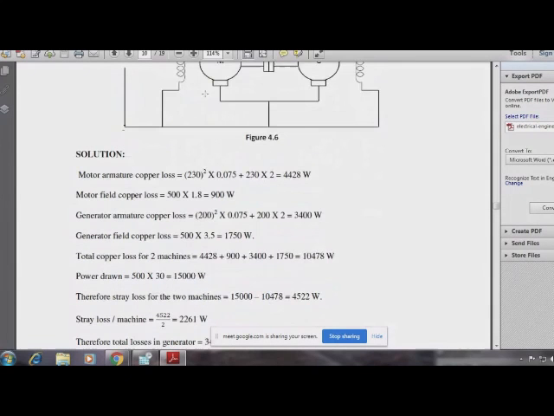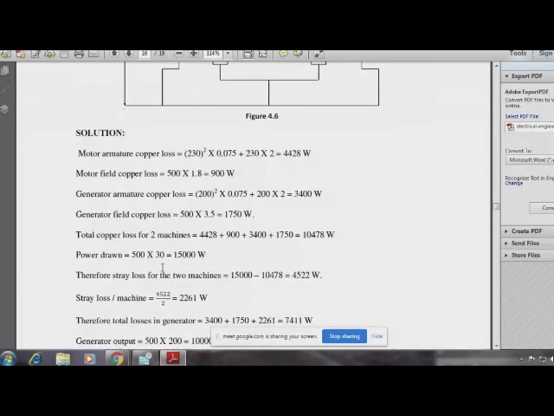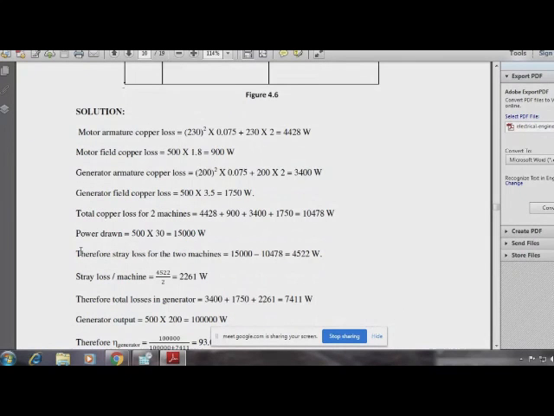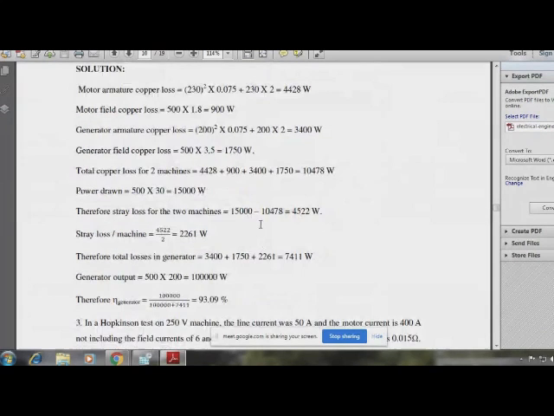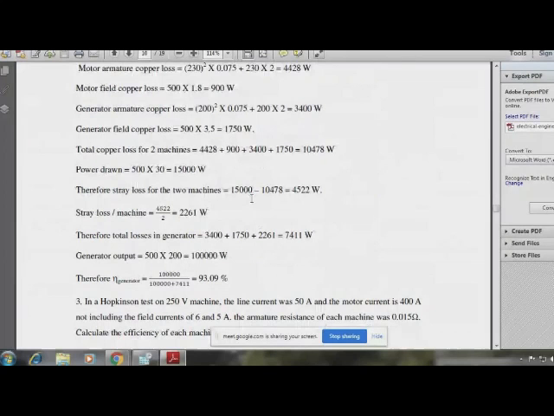Therefore, it is 15,000 watt. Therefore, stray loss for the two machines is 15,000 minus the copper loss, that is 10,478. That comes to 4,522 watt. Since we have two identical machines, per machine it will be divided by 2. 2,261 watts. Any doubt?